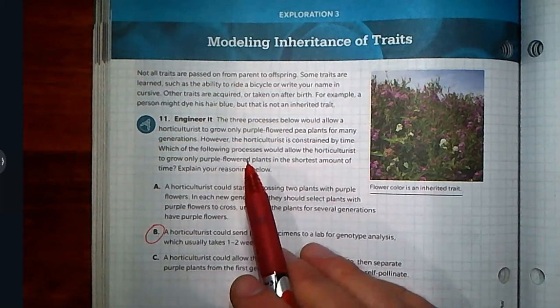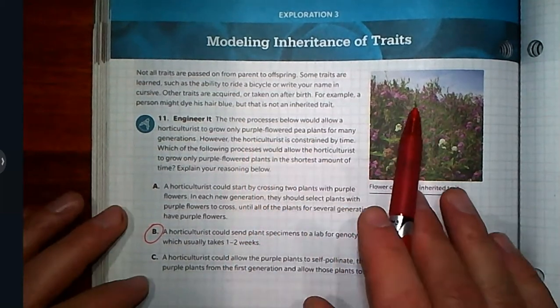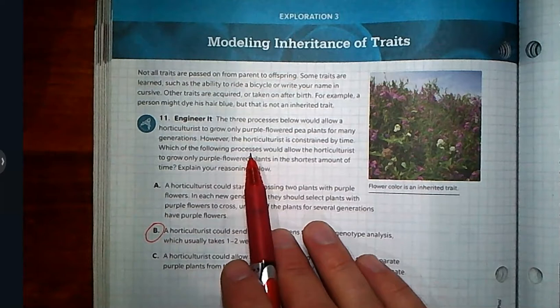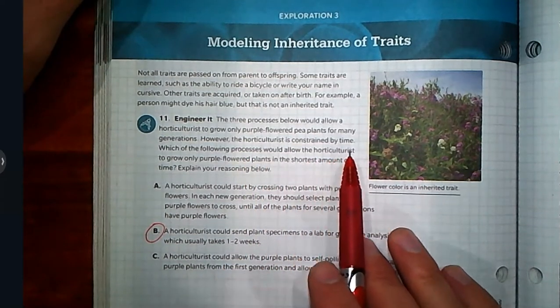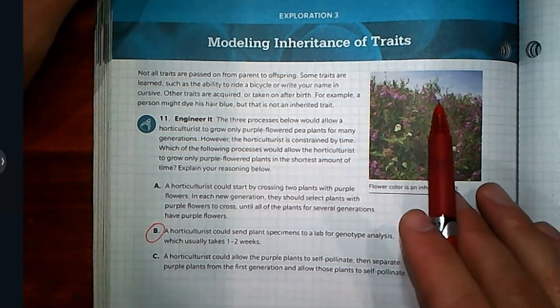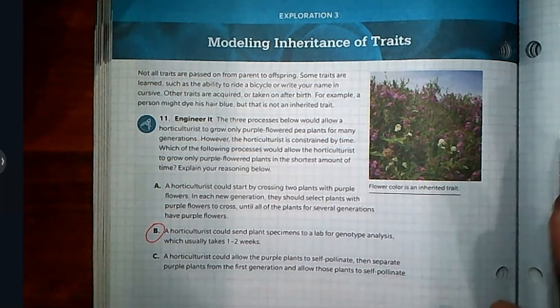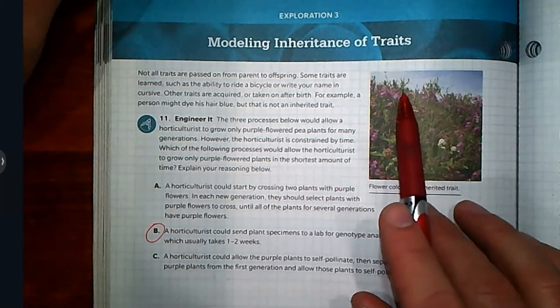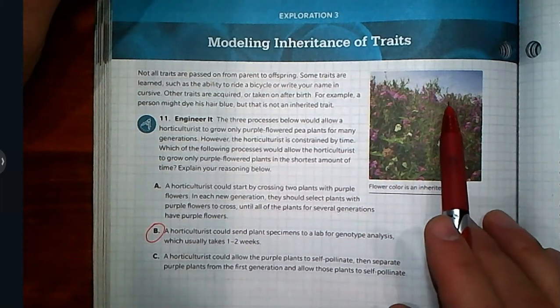Okay, so let's say we were to look at these plants right here, and we had a horticulturist that was constrained by time. They wanted to know what traits these plants had, so they could breed these plants over and over and over until they got just the one trait that they wanted. That's what Gregor Mendel did. But in this case, if they're constrained by time, they need to know a little bit faster.